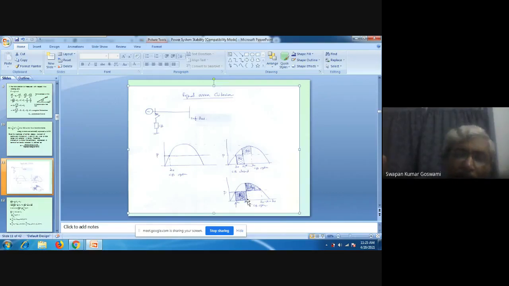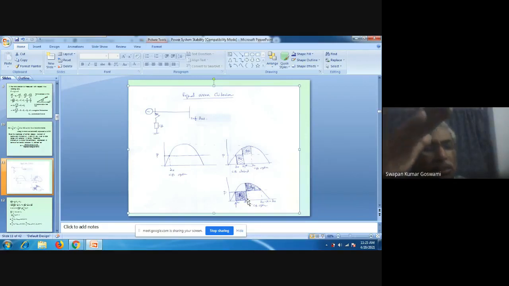So this is the delta critical. That's why you have written CR here. Delta critical indicates an angle after which we cannot afford to delay the opening of the circuit breaker further.